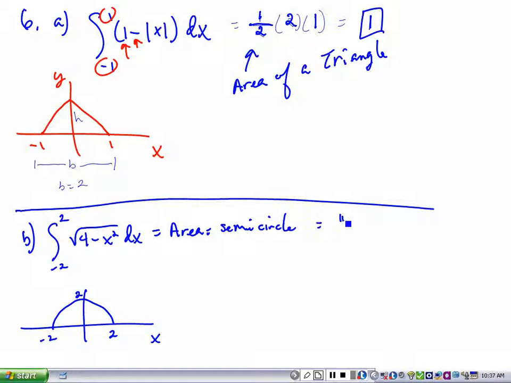So this is pi r squared divided by 2. R is equal to 2, the radius. So this is 4 pi divided by 2, and we get 2 pi.